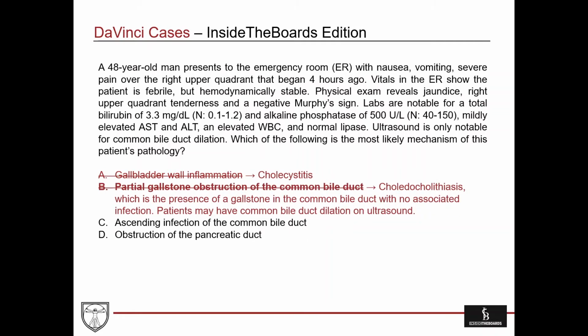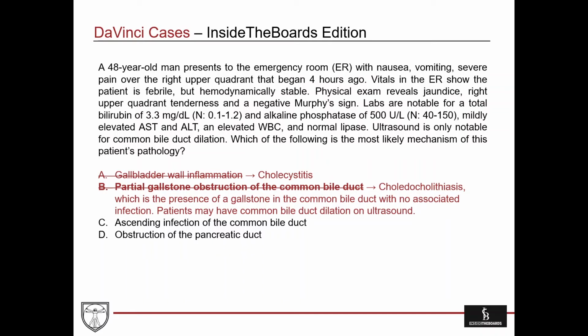So then answer choice B was partial gallstone obstruction of the common bile duct. So this would be, at least starting out, a non-inflammatory process, but the word itself just means choledocholithiasis, which is just a gallstone in that common bile duct.